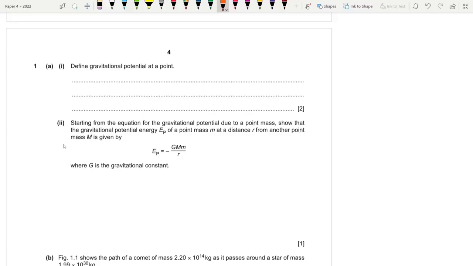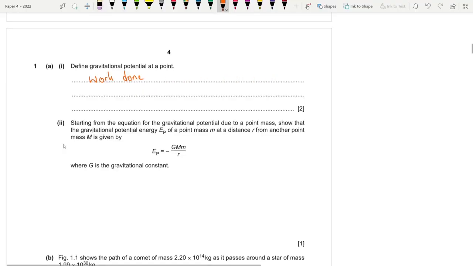So gravitational potential is defined as the work done per unit mass, or you could write it together, work done to move unit mass, or this is how they word it.